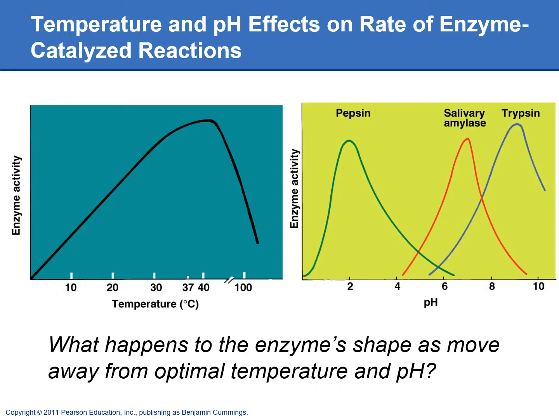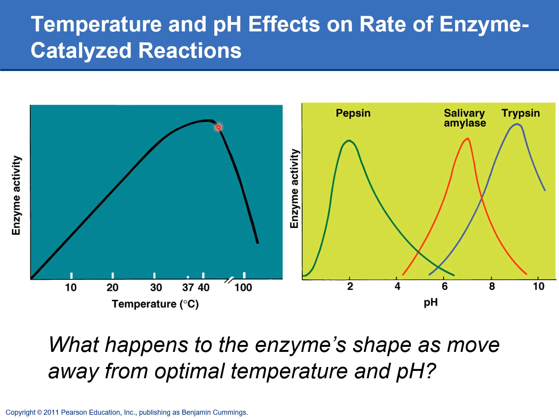Here you can see the effect of temperature on an enzyme's reaction rate. Our enzymes are designed to work best at our body temperature at 37 degrees Celsius. So you can see they work the fastest there and produce the most product. But if our body temperature starts getting too hot, you can see that the enzymes start to slow down and don't work as fast.